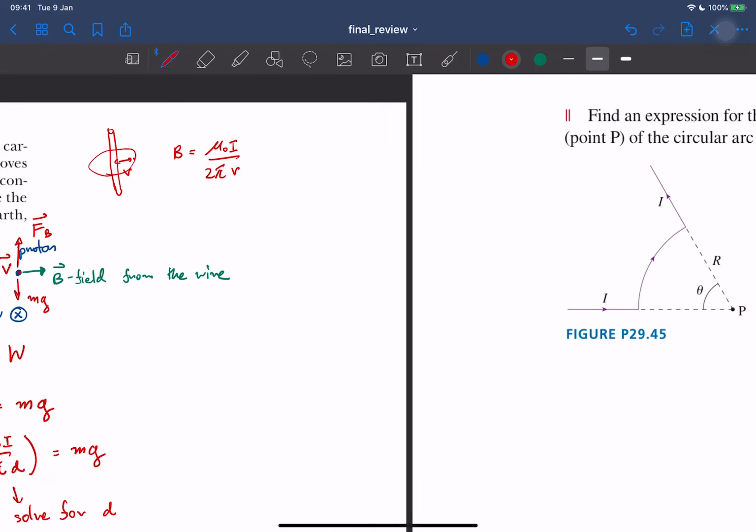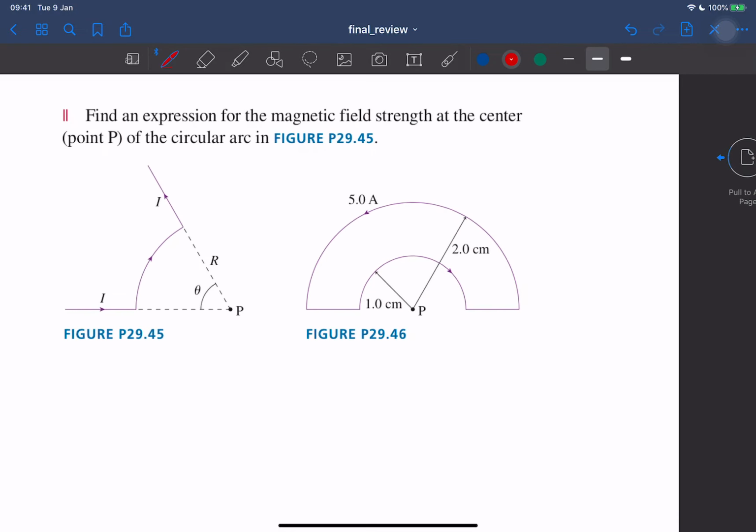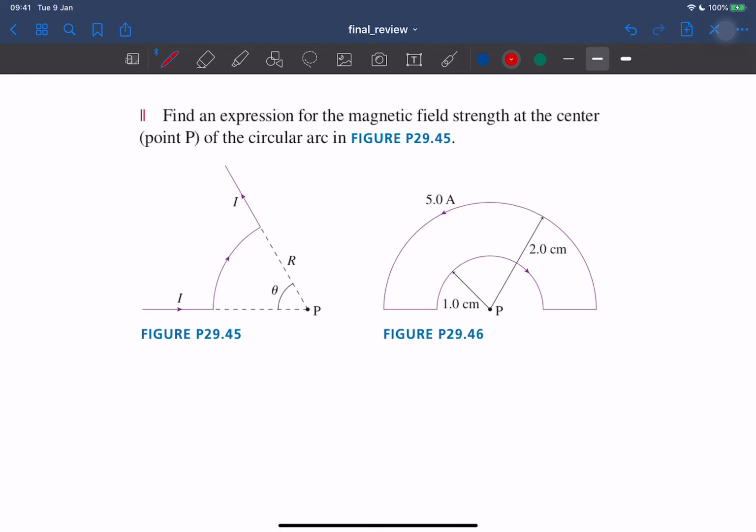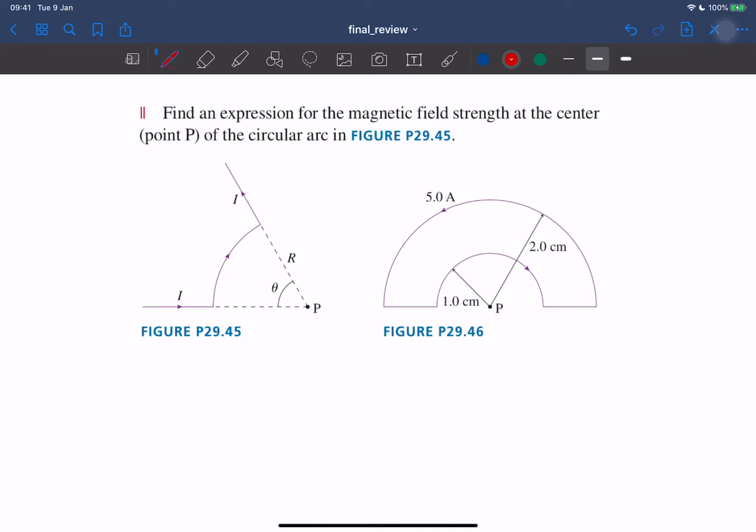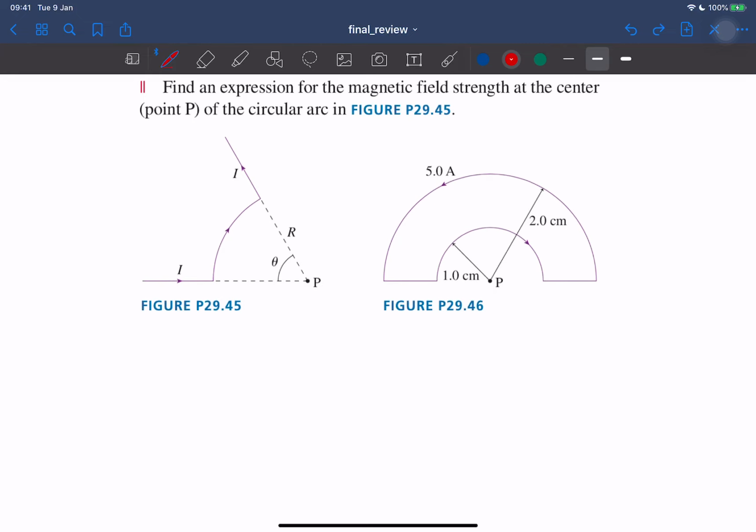All right, let's talk about the last one here. This last one is something that you need to look up in the lecture. What we need here is to find the magnetic field at point P. And the one thing that we need from the lecture is the magnetic field at the center of the loop.